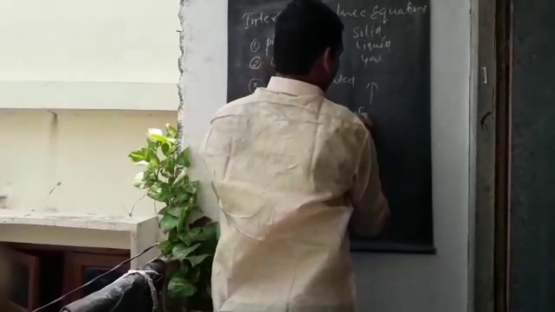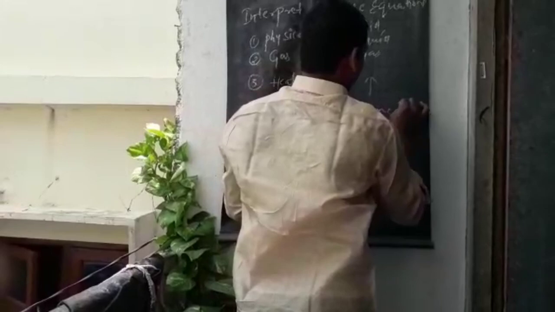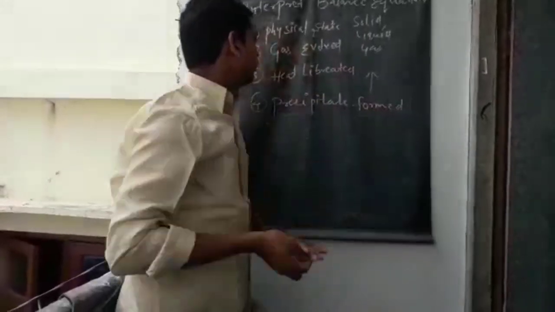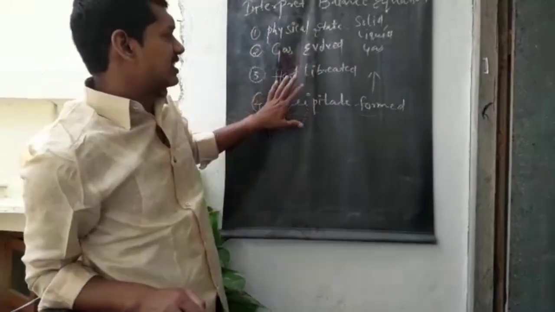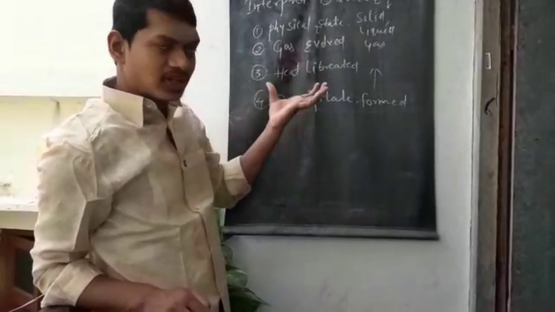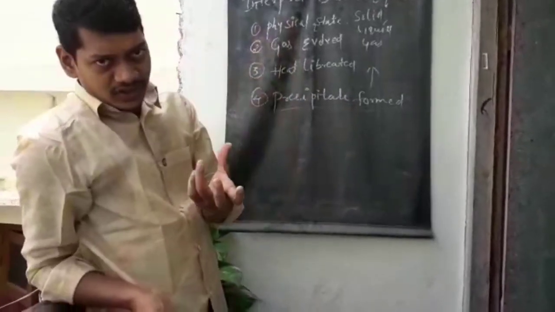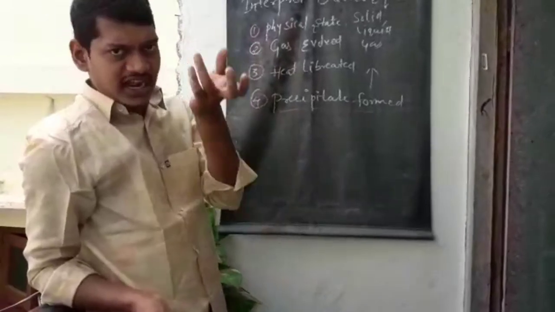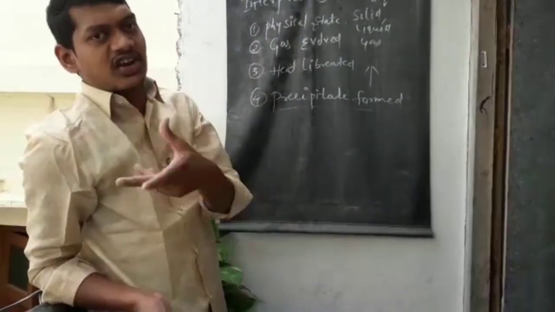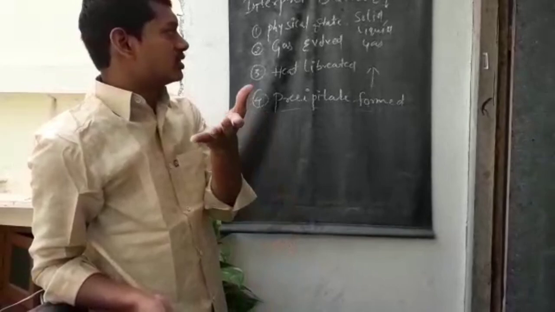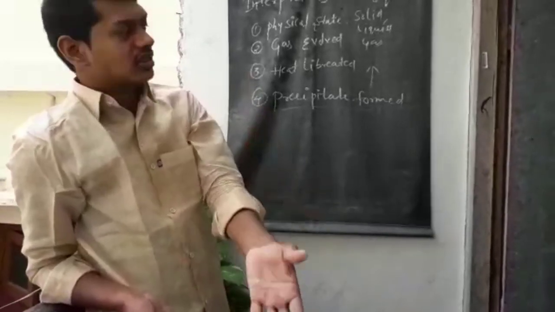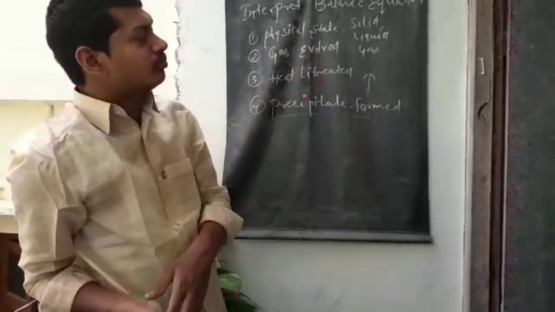Precipitate formed, I'll explain, don't worry. So these are the main ones: first one physical state, second one gas evolved, third one heat liberated, fourth one precipitate formed. So first one, physical state. Whatever the given balanced equation, what are the products, what are the reactants, they may be solid or liquid or gas. That we call physical states.